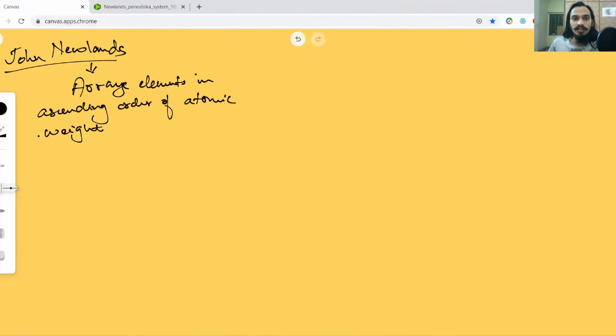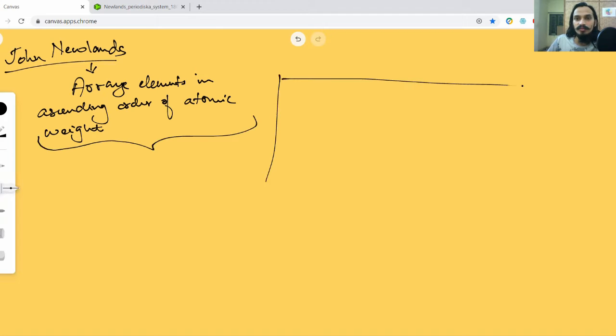So when he was doing this, what he said was that if you try to arrange it vertically, then there is some sort of a pattern that will happen. If you draw a table, I'll put element number 1, 2, 3, 4, 5, 6, and 7.